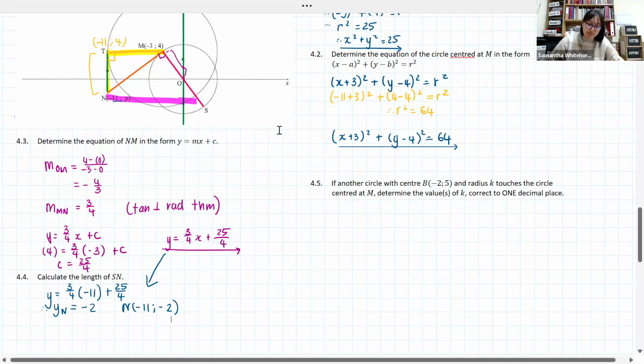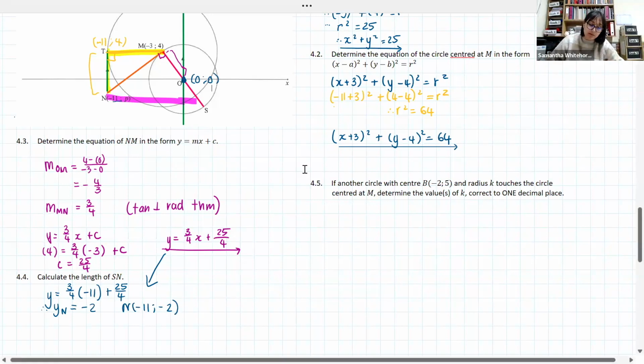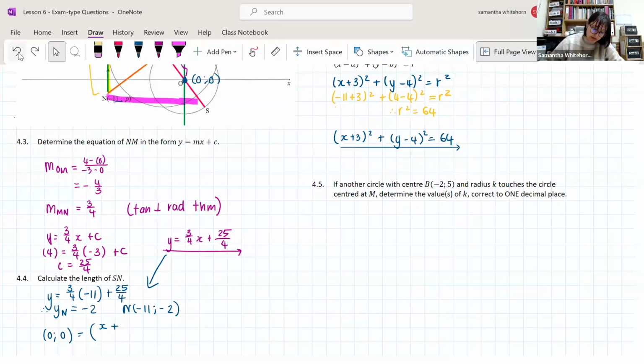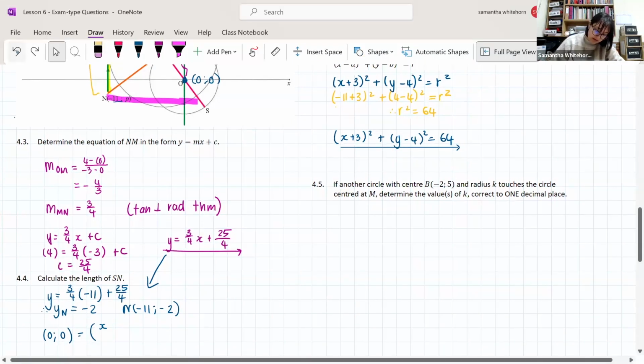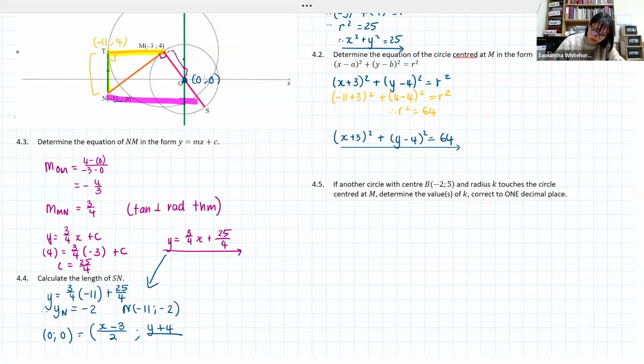You need S though. Now remember, MOS was the diameter of the small circle. That means that the midpoint of the diameter is your origin. So much like we did in the first question, we can use our midpoint theorem to go and work out our missing coordinate. So we know that the midpoint is at 0, 0, and that was found by taking the x coordinate of S plus the x coordinate of M, so x minus 3 over 2, and then same thing with y. y of S plus y of M over 2.